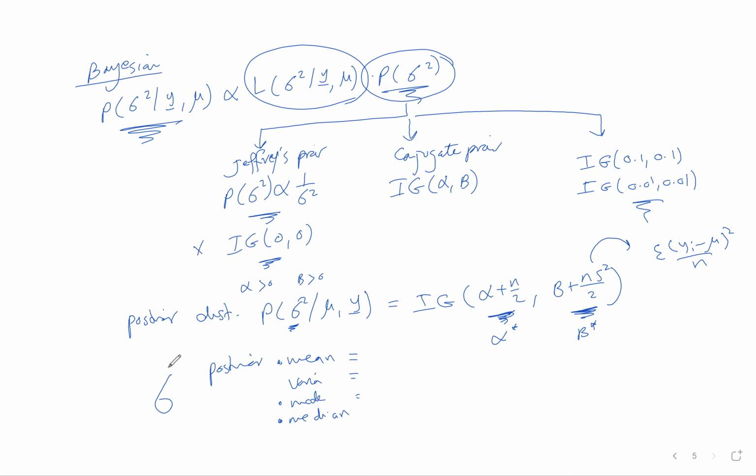So sigma square hat equals this, based on the Bayesian approach. This one represents the variability, and this one has some formula also. You can put these formulas in the formula sheet, or any other formula you may need. So this is how to estimate the population variance sigma square.